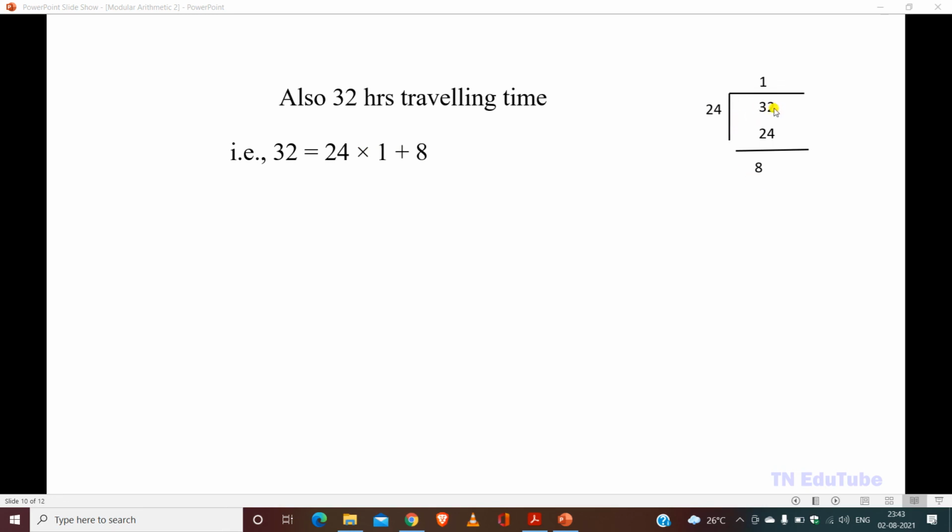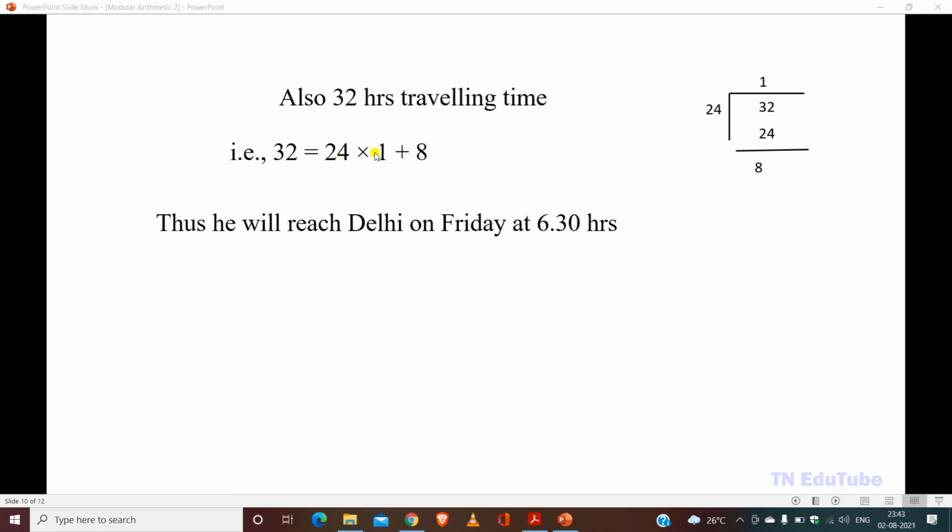So 32 can be written as 24 into 1 plus 8. 24 hours means one day. He starts on Wednesday, so 24 into 1 is Thursday, and 8 is on Friday. So he will reach Delhi on Friday at 6:30 hours.